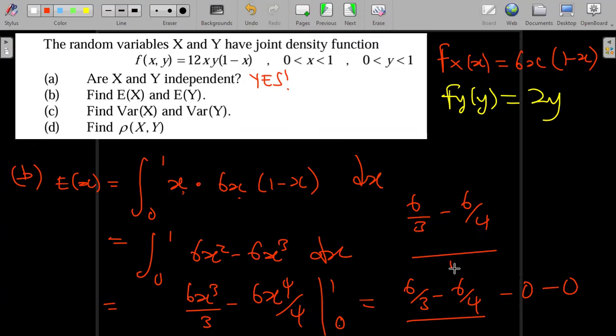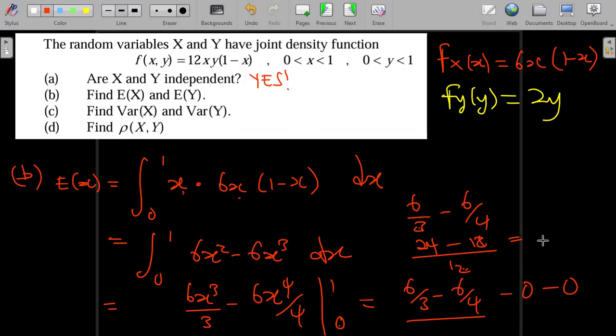Common denominator there will just be 12. Okay, so 3 into 12, it will be 4. 4 multiplied by 6 to be 24. And then minus 4 into 12, it is 3. 3 multiplied by 6 to be 18.